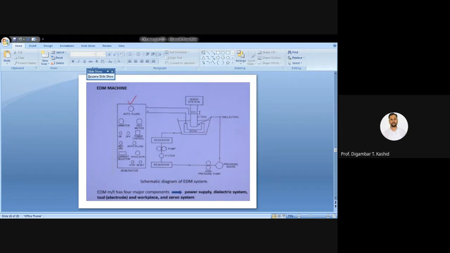So suction through the electrode is one method of flushing the dielectric.